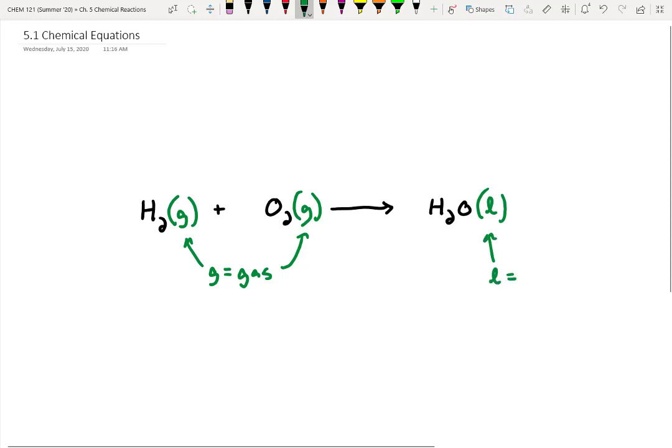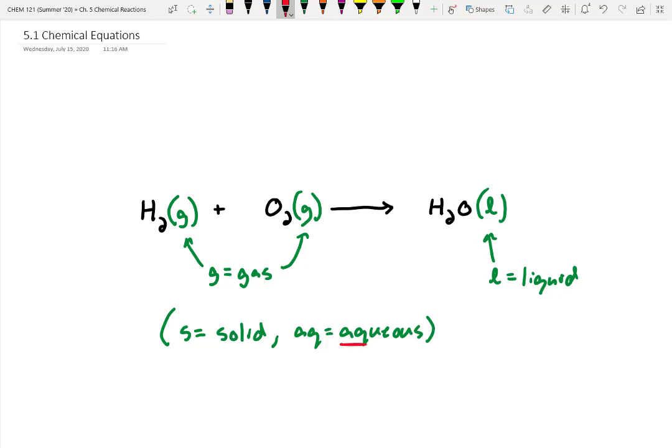So L equals liquid. Some other ones that you might occasionally see are pretty simple. S equals solid. And AQ equals aqueous. And you might be wondering, what the heck does aqueous mean? Well, if you think about the root here, aqu means water, so it means something dissolved in water.